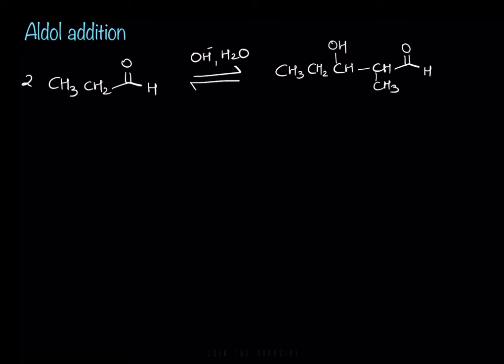Now, why is it beta hydroxyaldehyde? Again, you have an aldehyde and you have a hydroxy group. This is the alpha position, this is the beta position. Because the hydroxy group is in the beta position with respect to the aldehyde, it is called beta hydroxyaldehyde.